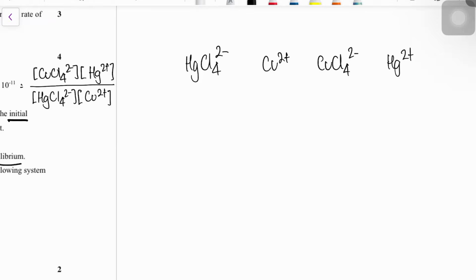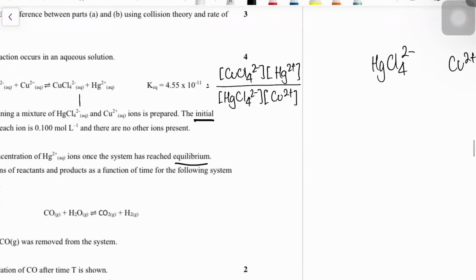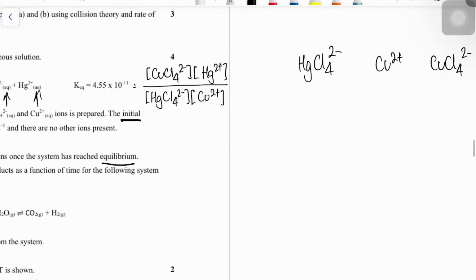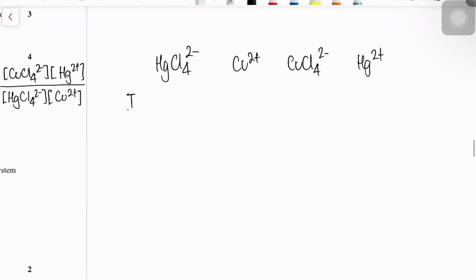For pure solids and pure liquids, the concentrations are assumed not to change, which is why they don't show up in your equilibrium expression. But in this case, everything is aqueous, which is not a pure liquid, so it does go on my ICE table.